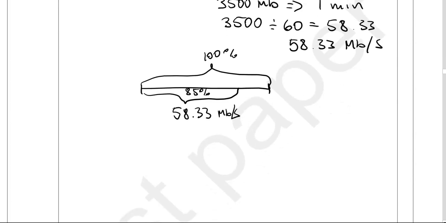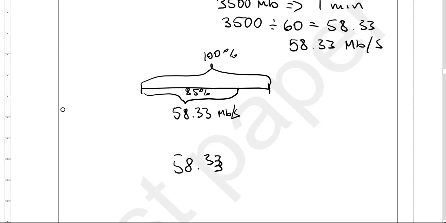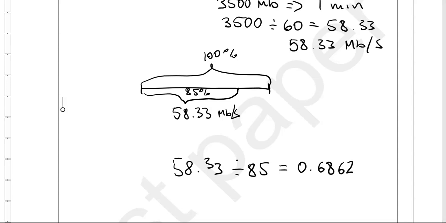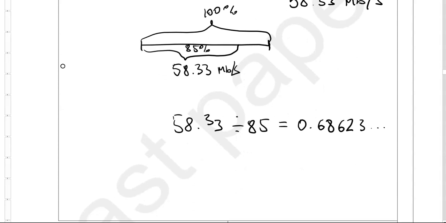So we'll go 58.33 divided by 85, so we can get 1%. And this is about 0.68623. And we'll now multiply by 100 to get the 100% speed, the advertised speed, in other words.